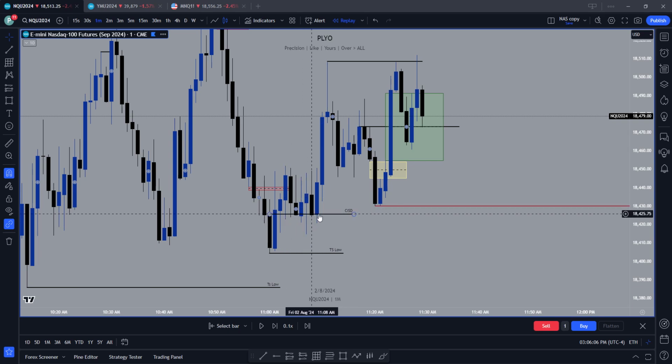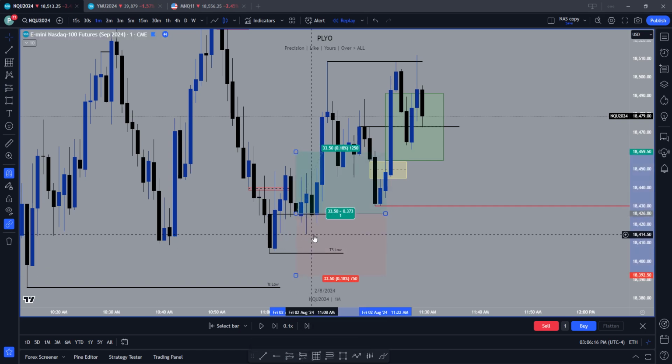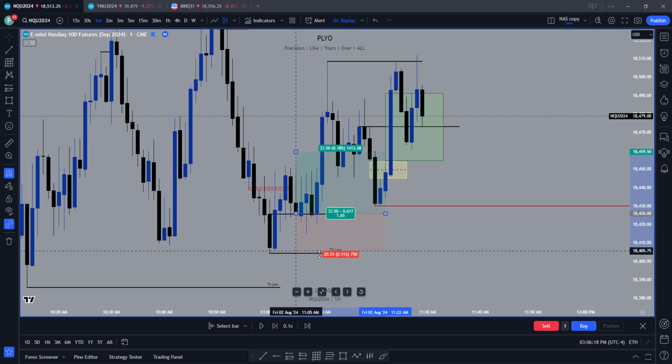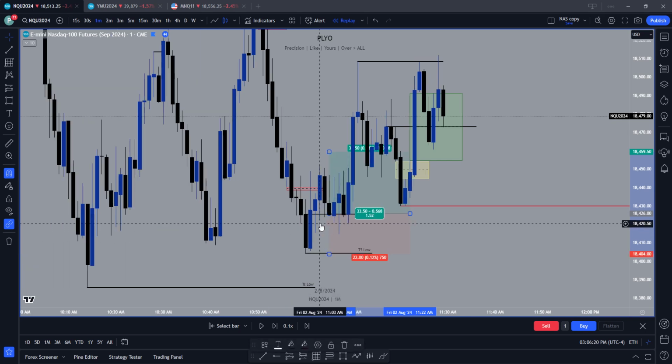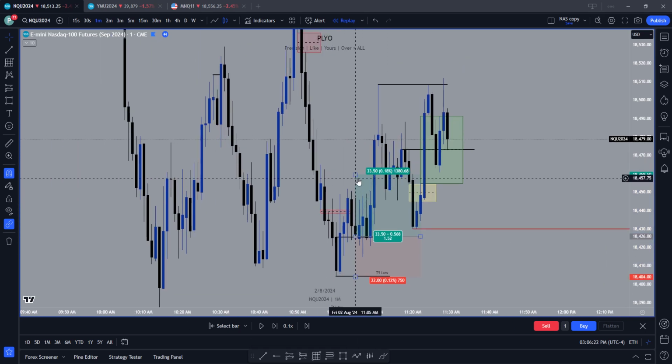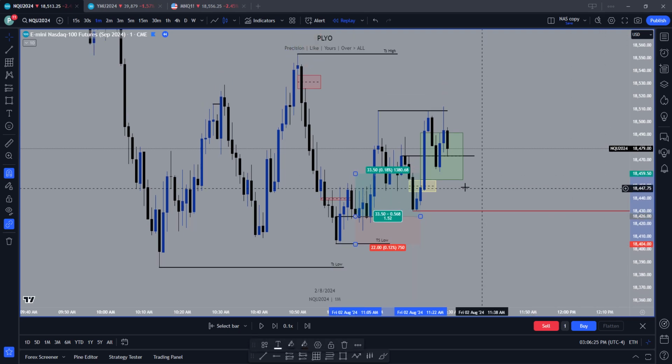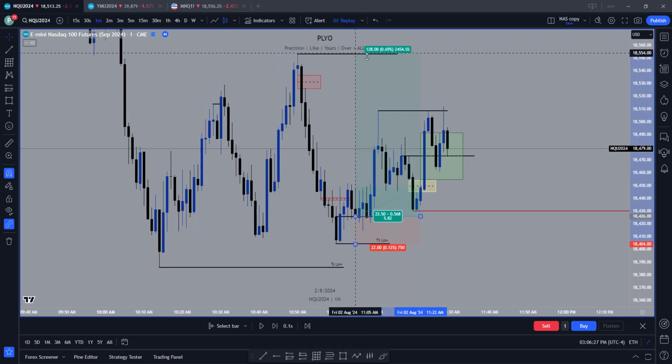The only thing that we have is CISD and an inverse, right? And we have technically a manipulation leg, right? So you could get in early, if it's early enough in the leg and you're still targeting 100 and something points and you're only risking 22, that's honestly worth it every single time, in my opinion.